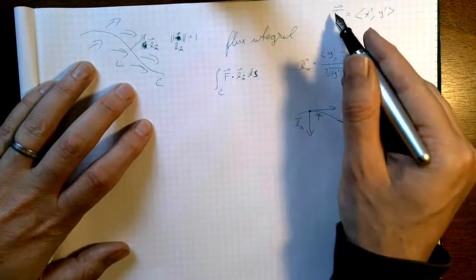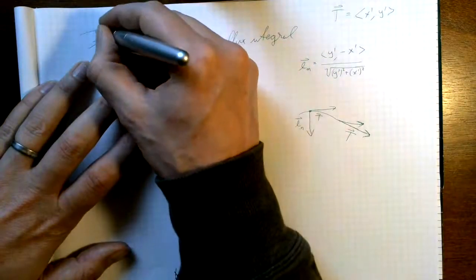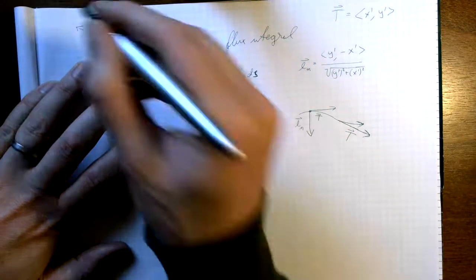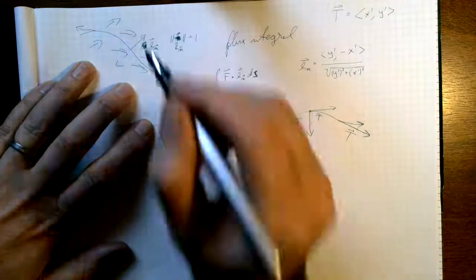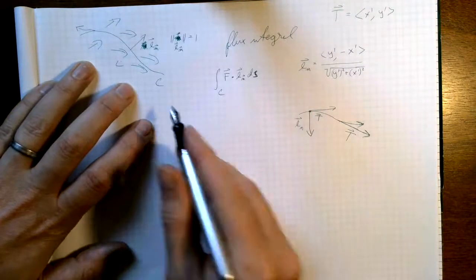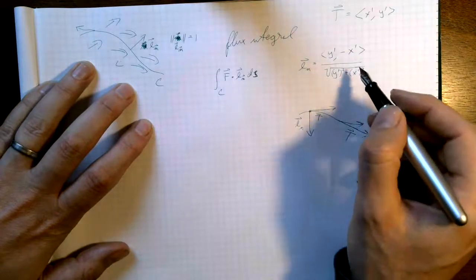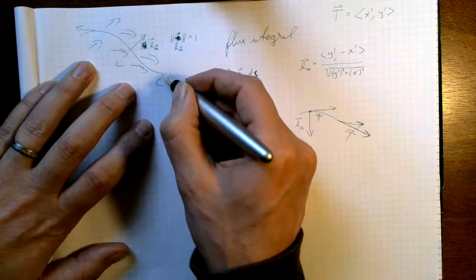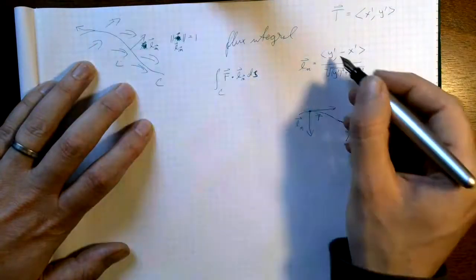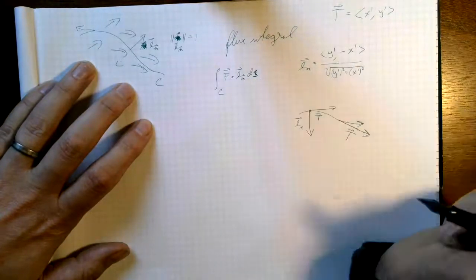If we'd have this tangent, then the tangent would be pointing out this direction. But we're not integrating along the tangent, so for the flux it doesn't really matter. But if I want to use this instead of the minus, then I have to parameterize this direction. Otherwise, I would have to put a minus sign over here.